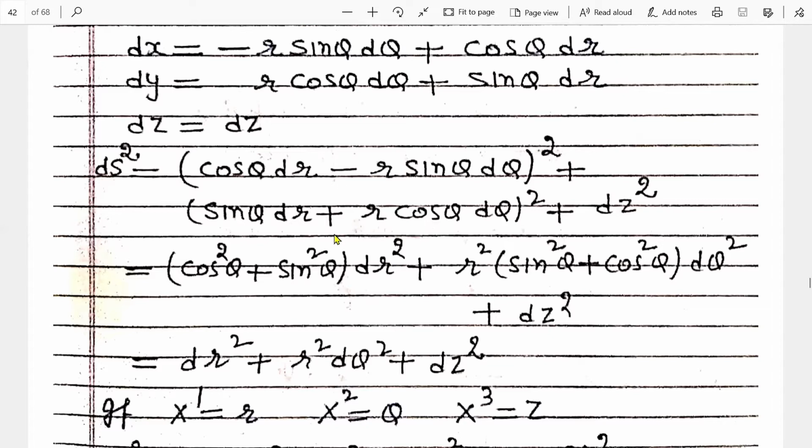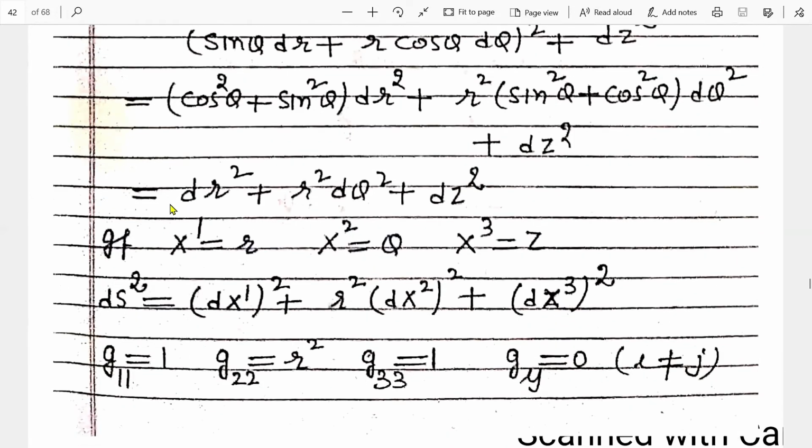We are left with dz square as the last term. So we get dr square plus r square d theta square plus dz square.